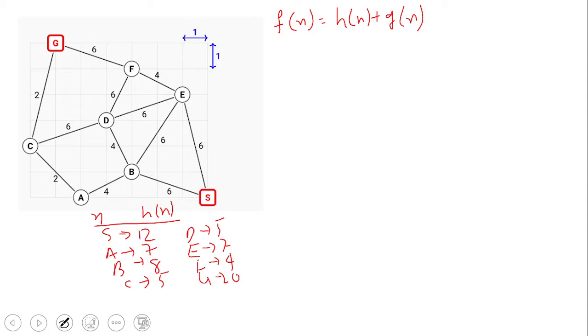Okay, now for calculating the A star algorithm, first consider this is the open list and this is the closed list. First S, okay, then it will move to the closed list.